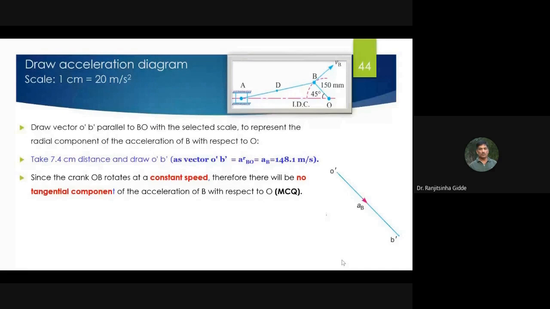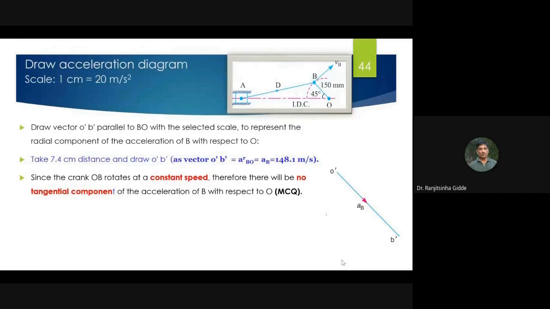So what will be the answer? Option A. So in case of constant speed of the crank, there will not be any tangential component. There will be only a radial component. Okay.